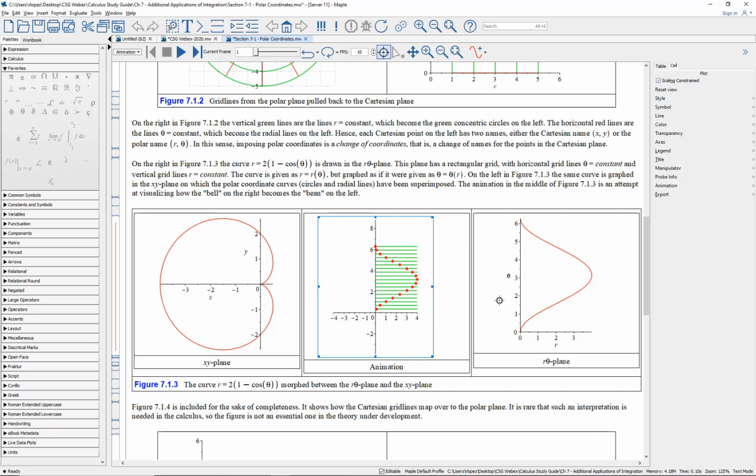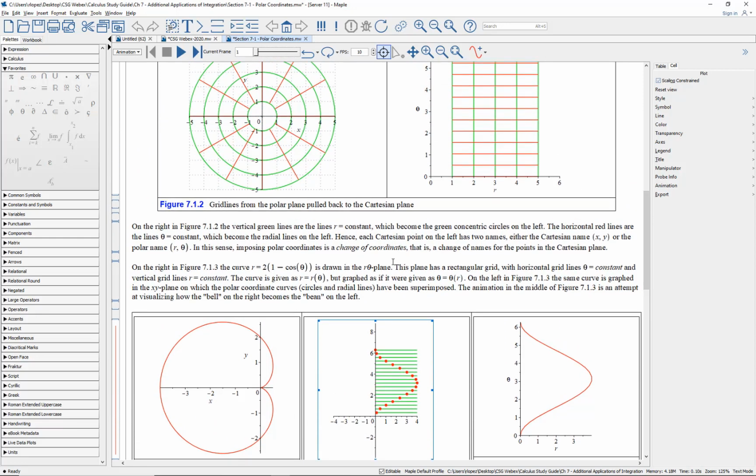Okay, so the mapping can go both ways, but the ordinary way of looking at this in the applications in calculus here is to draw the polar curve on this grid. But this grid is superimposed on top of a Cartesian grid, but the polar curve also has a life over here in the r theta plane.